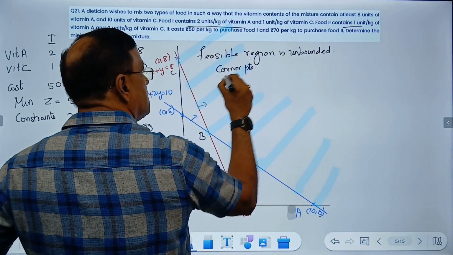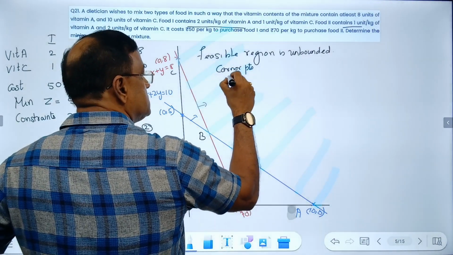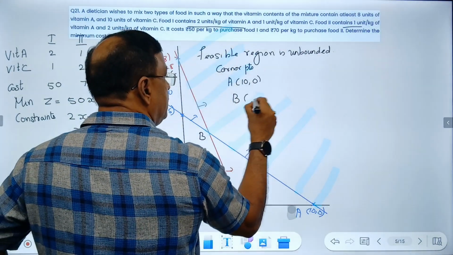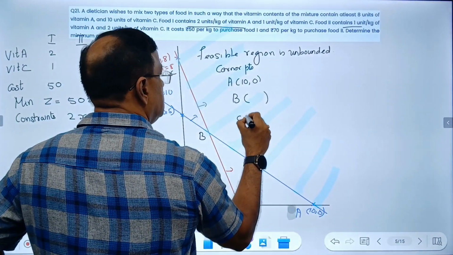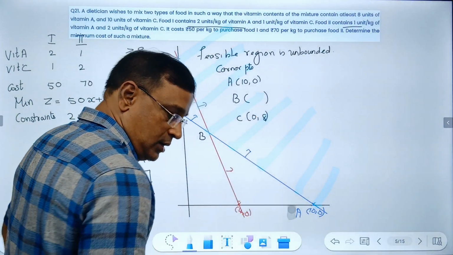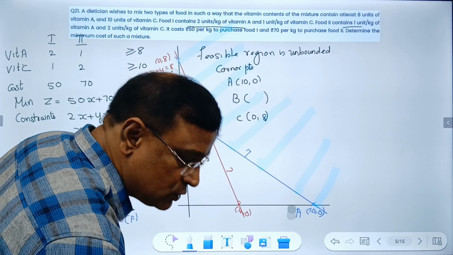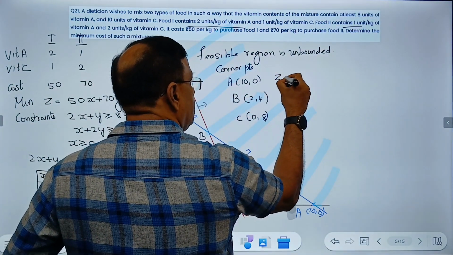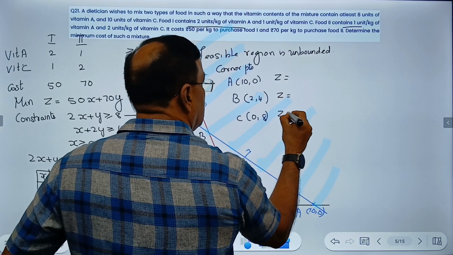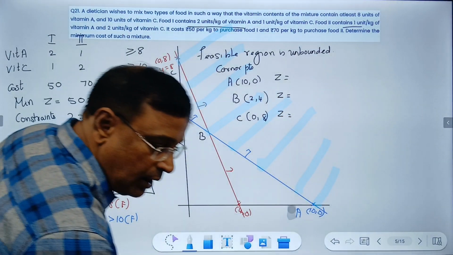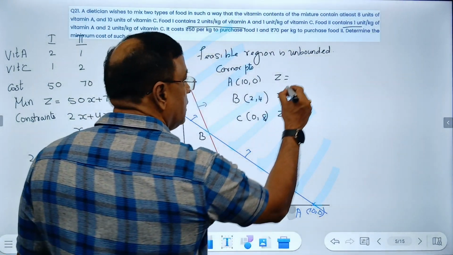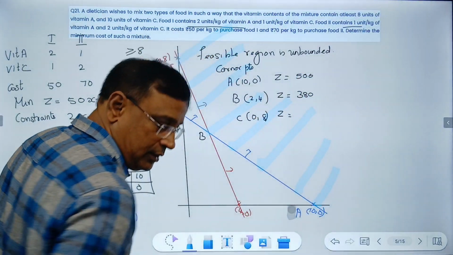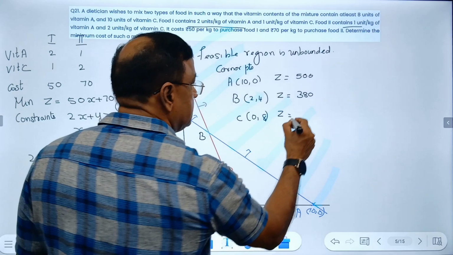The corner points are A, that is 10, 0; B, I need to find; C is 0, 8. Now when I solve, I am getting B as 2, 4. And I find the corresponding Z values. You can substitute here. I am getting 500, 380, and finally I get 560.